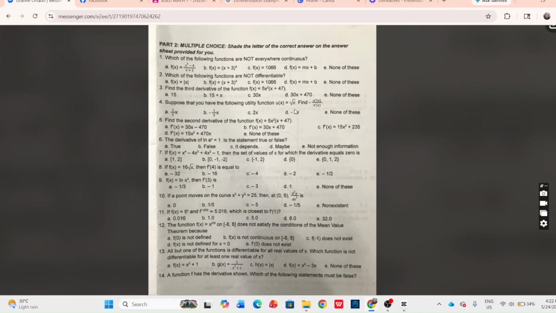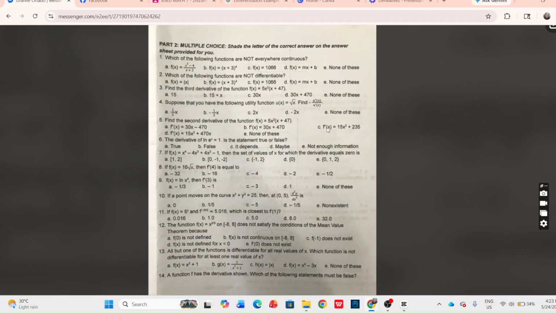The first derivative of the square root of x is 1/2 x to the power of negative 1/2, since we can transform square root of x into x to the power of 1/2, then multiply 1/2 to the coefficient which is 1, and then subtract 1 from 1/2, and therefore it gives us 1/2 x to the power of negative 1/2.